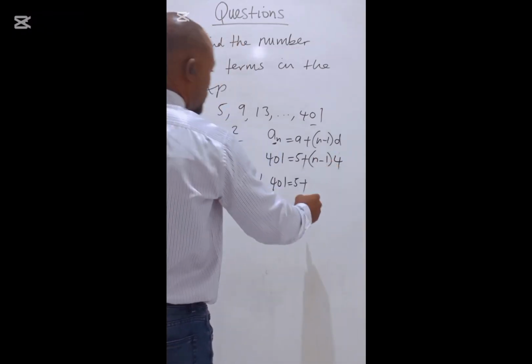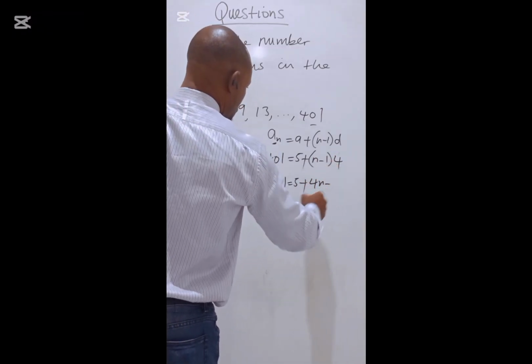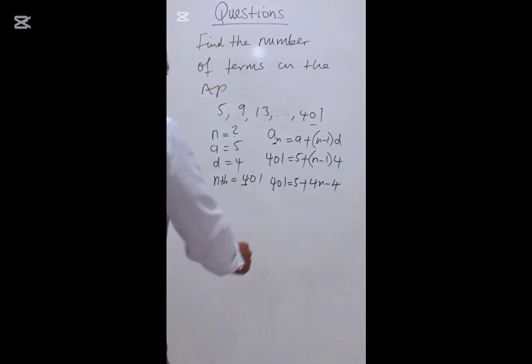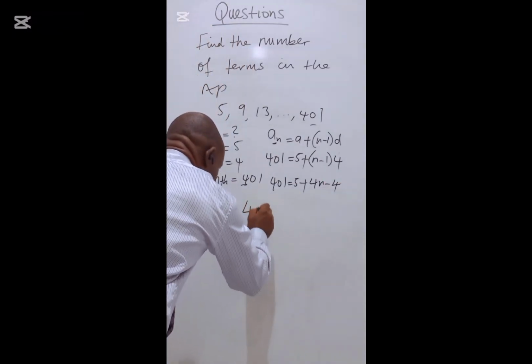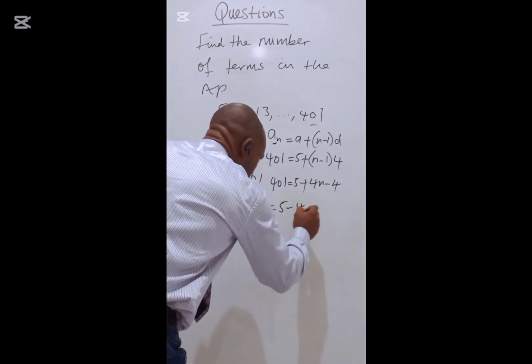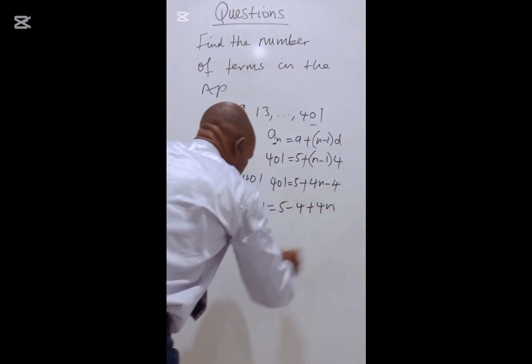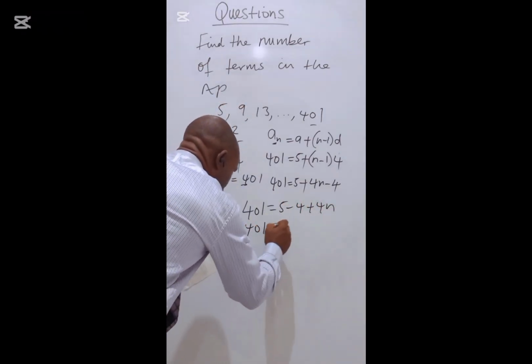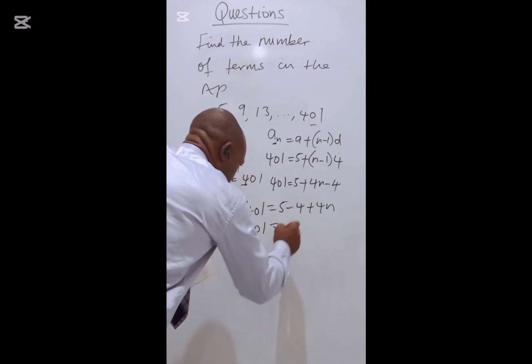So 4 multiplied by n is 4n, 4 multiplied by 1 is 4. So 401 is equal to 5 minus 4 plus 4n. 401 is equal to 5 minus 4, which is 1.